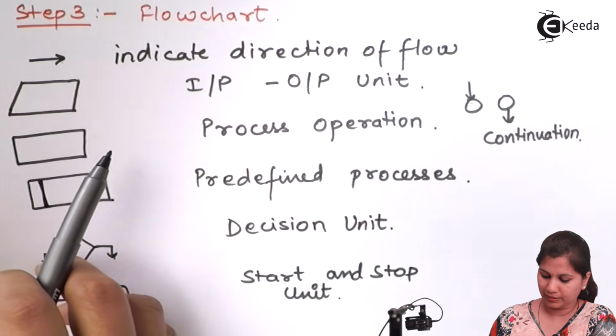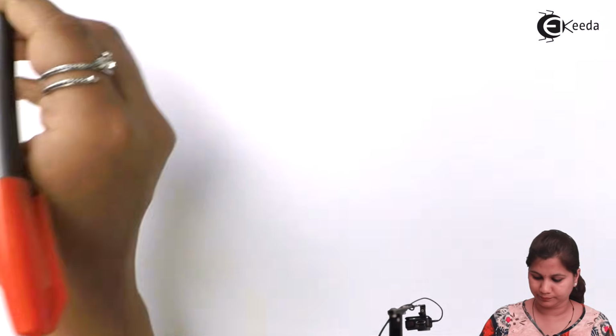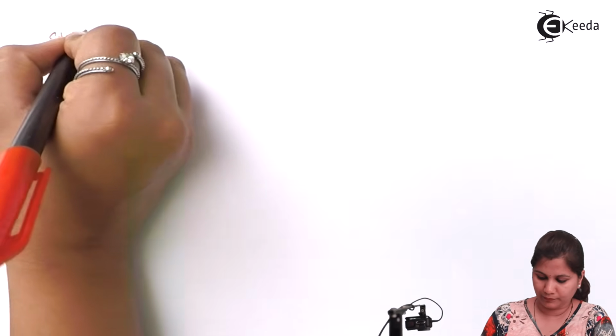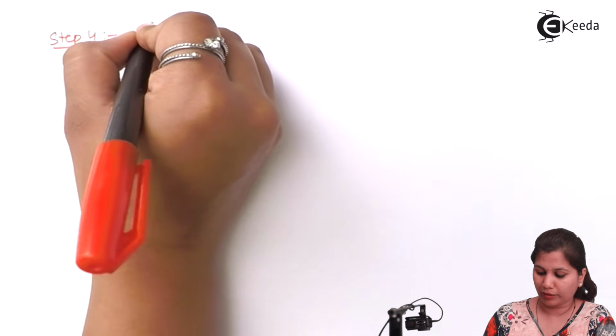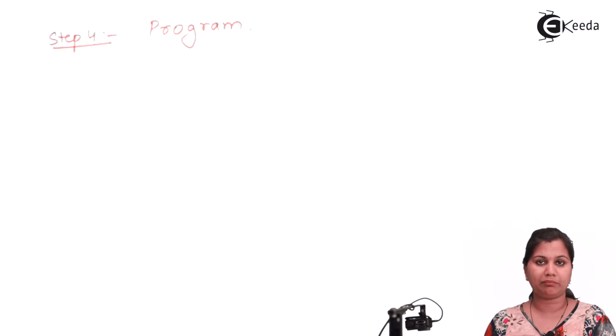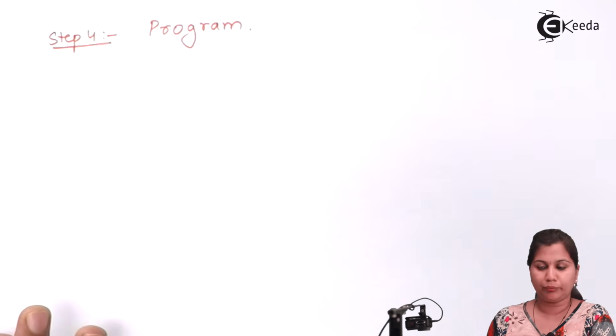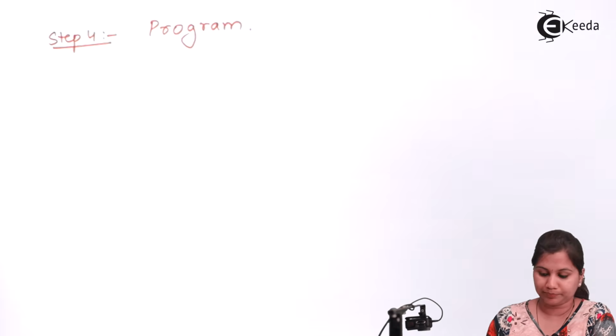Then comes step number 4. Step number 4 is the program. So in step number 4, we are going to use the assembly language instructions, and with the help of instructions in assembly language, we will write the program for that problem.